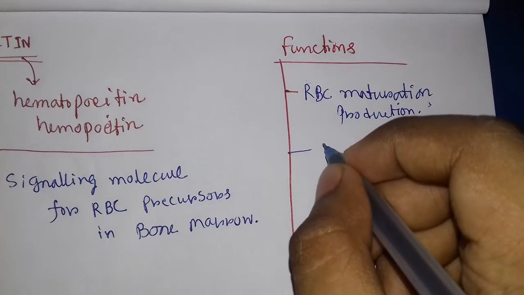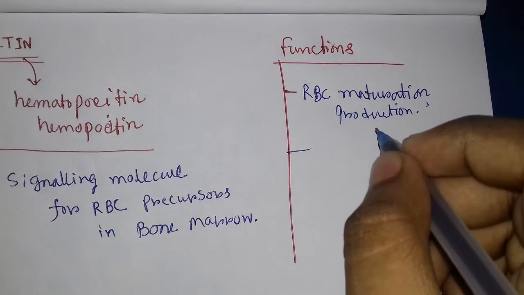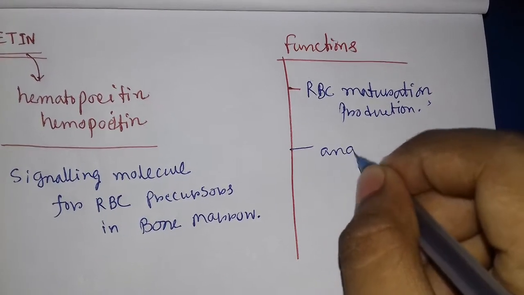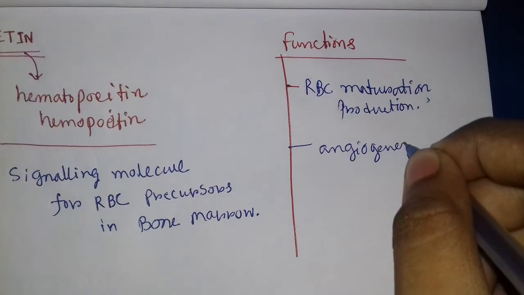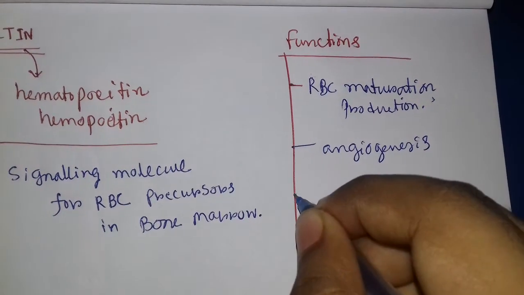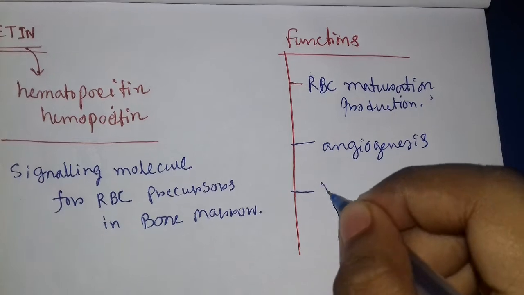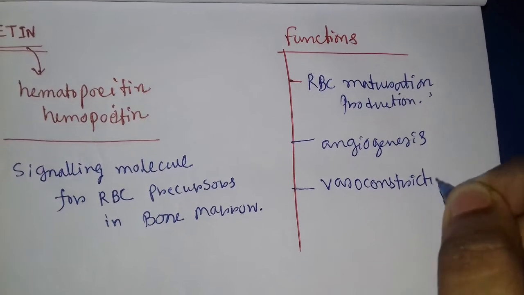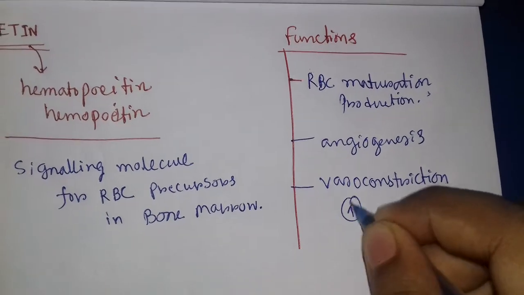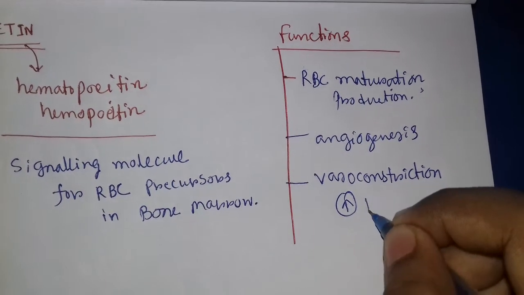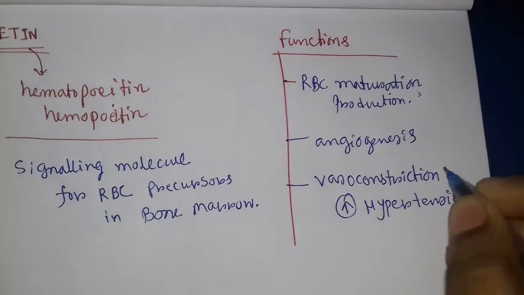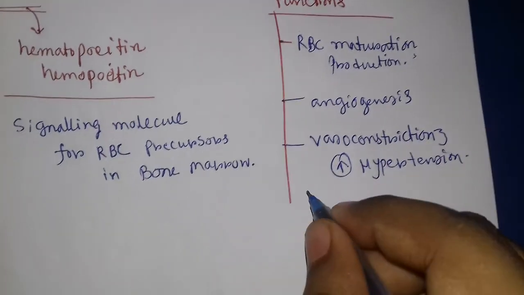Second, there are some non-hematopoietic roles of erythropoietin also, like it helps in angiogenesis. It also causes vasoconstriction and increase in the BP, that is hypertension. This is due to the vasoconstriction.